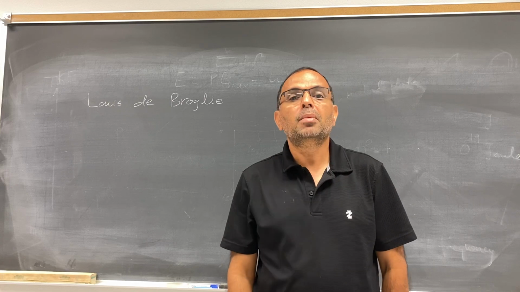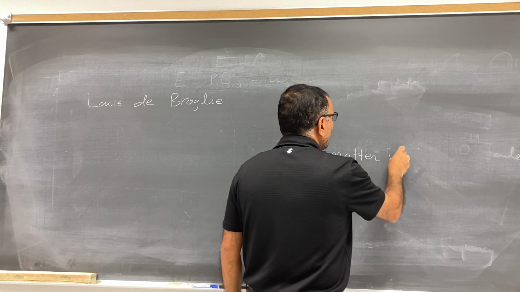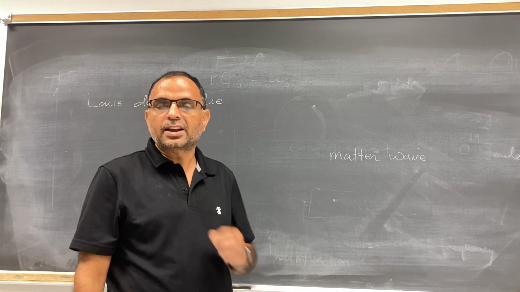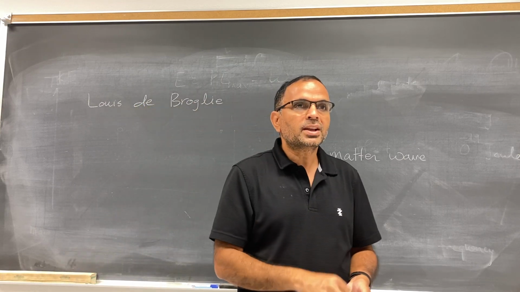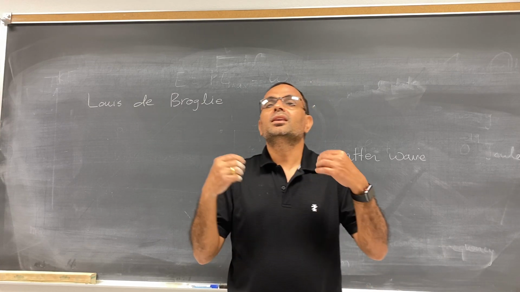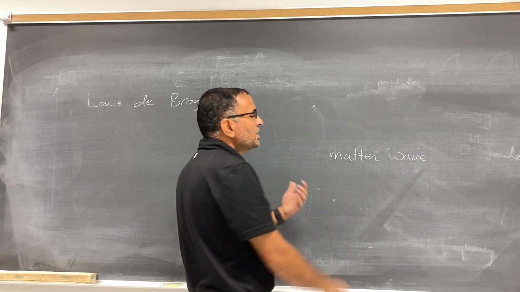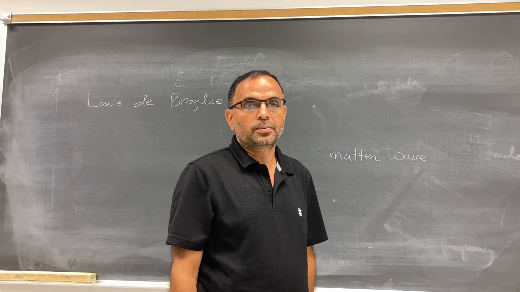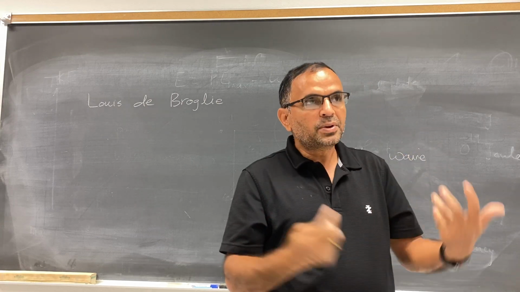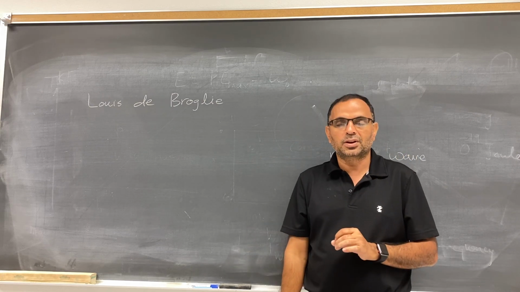Then matter wave. Like if the electron is moving, the electron is a particle, an object. So if the electron is moving, we can say that it behaves like a wave. If the matter is moving, then the wave there is what we call the matter wave, material wave, particle wave, whatever you call.